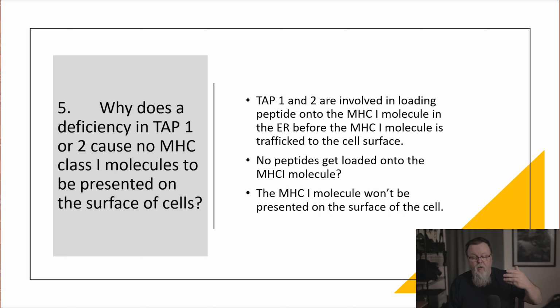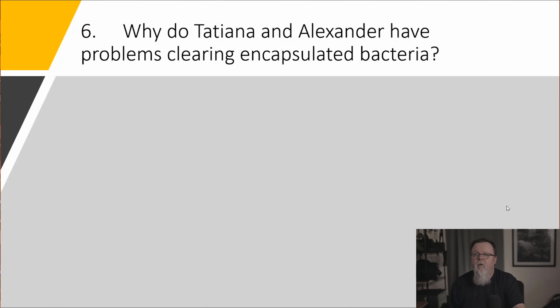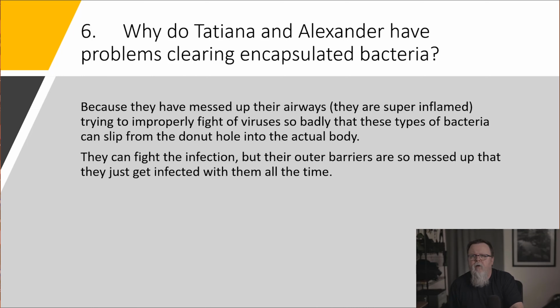They are going to be thicker, and mucus can usually be readily expelled from the lungs, and mucus traps encapsulated bacteria, and that's one of the ways that encapsulated bacteria are cleared from the airways.